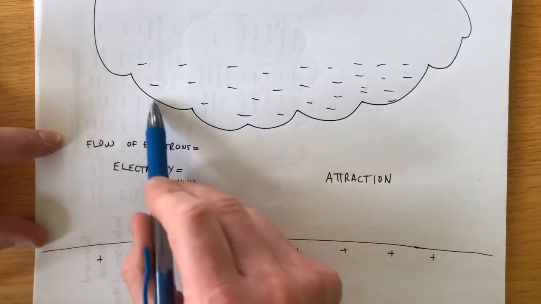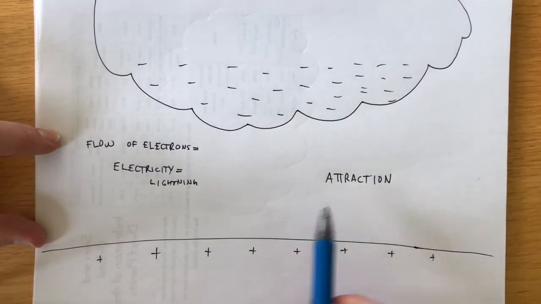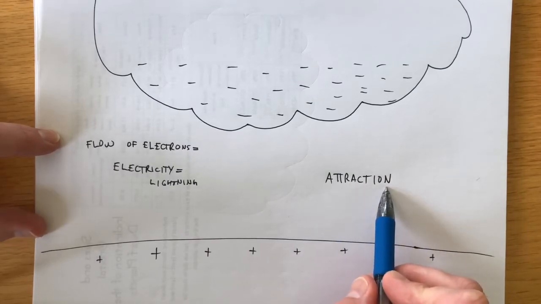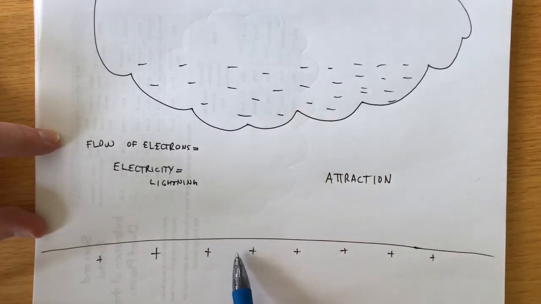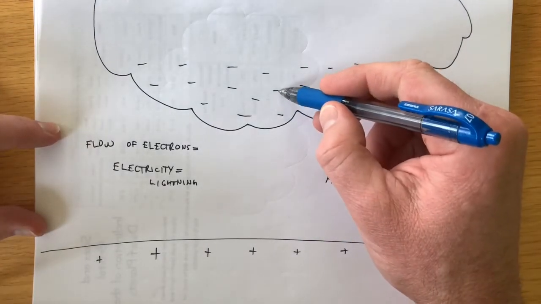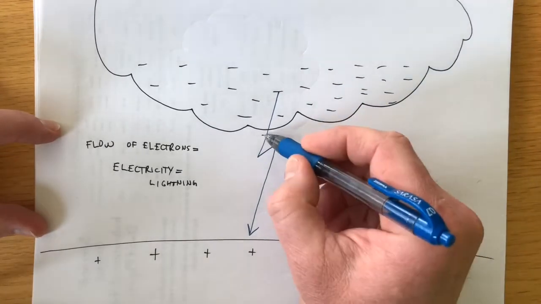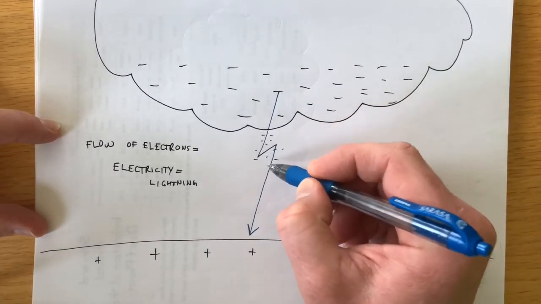So now if I have a really big cloud with a negative charge and a ground with a positive charge, that leads to attraction because negatives are attracted to positives. Now, if there's enough attraction, some of these negative charges will actually physically flow towards the ground. So I'm going to give this some negative charges.